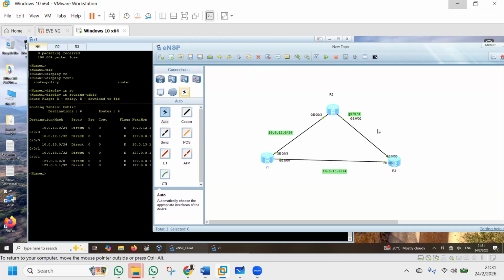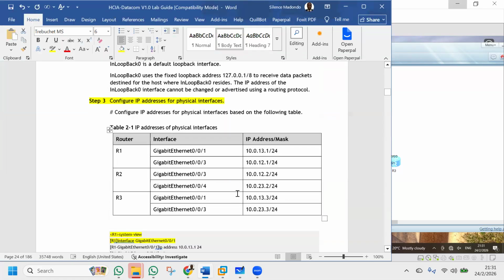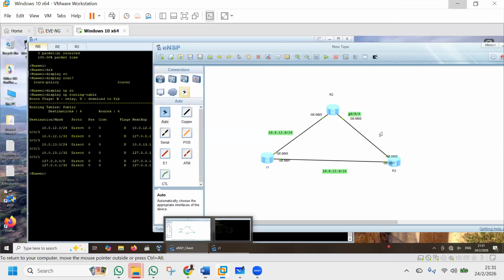Then on this side, we have 10.12, 10.13. Then we have 10.23, probably 23.0/24 as well.